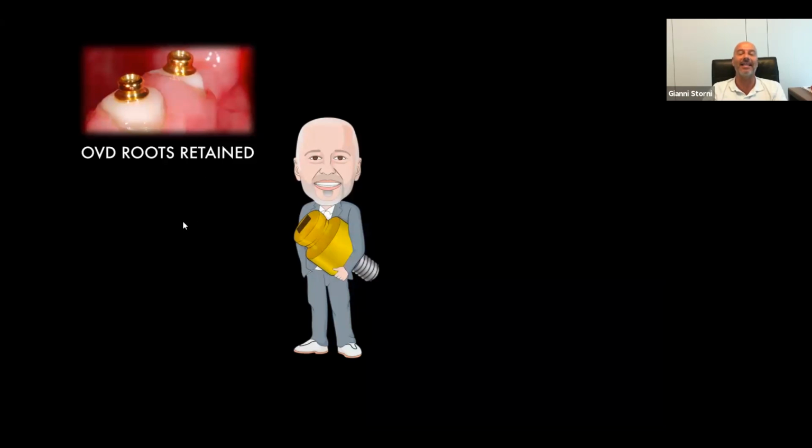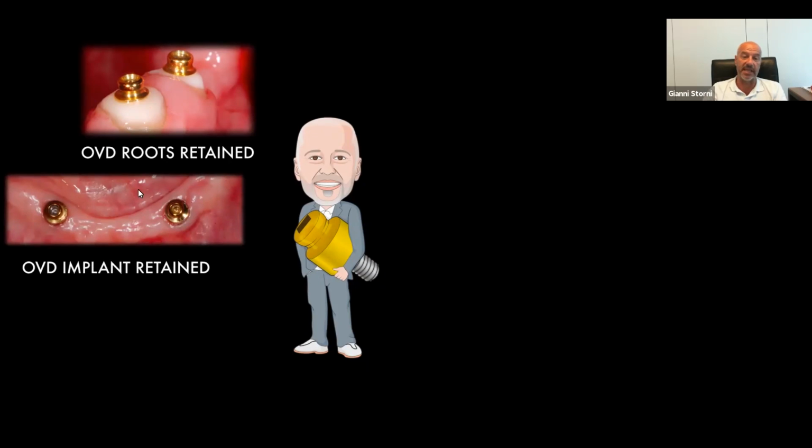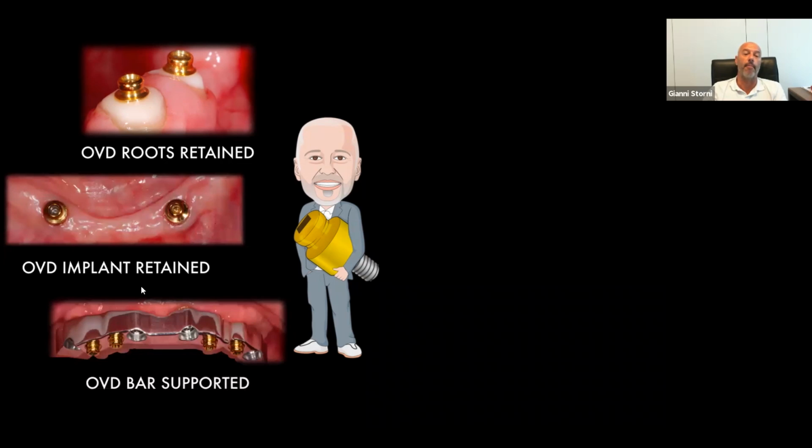You can see that we will now see some prosthetic cases using the Equator solution. We start with the overdenture on roots, then we go to single overdenture on implants, so single retain, CAD-CAM bar or cast bar retained by the Equator.